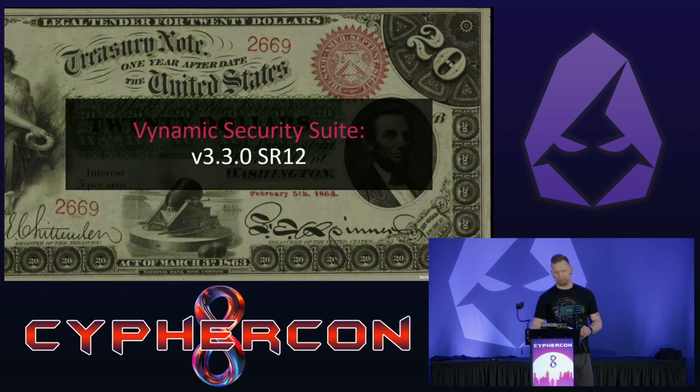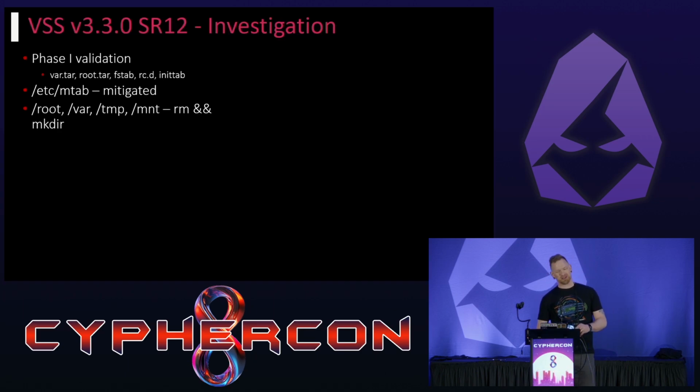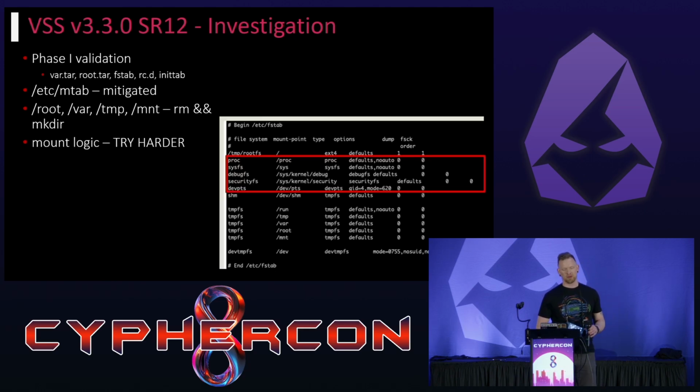Okay, let's dive a little bit deeper into Service Release 12. So, how do you work around a delete call? There's still some black magic in mount. So specifically, earlier in the initialization process, kernel runtime memory is mounted to user space via specialized mount directives.